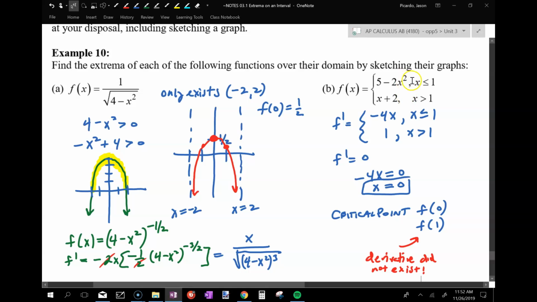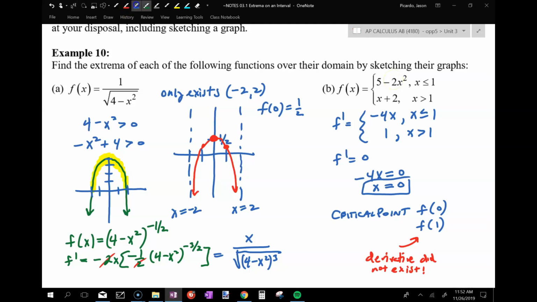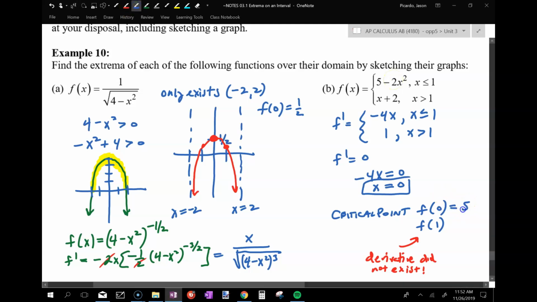Plug in 0, what do we get? Where does 0 get plugged in? It gets plugged in here, right? And I get 5. And plug in 1, and where do I plug in 1? Well, I plug it in here, and I get 3. So what does that mean? I have a local max here and a local min or absolute. We don't know which one, but one or the other, there and there.